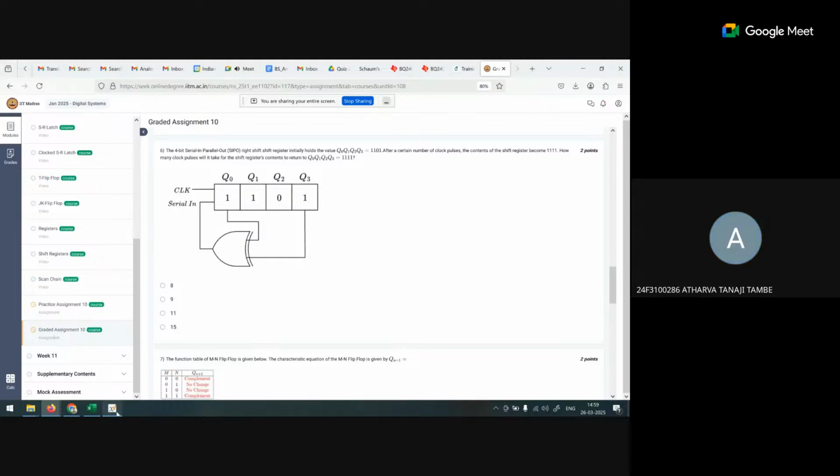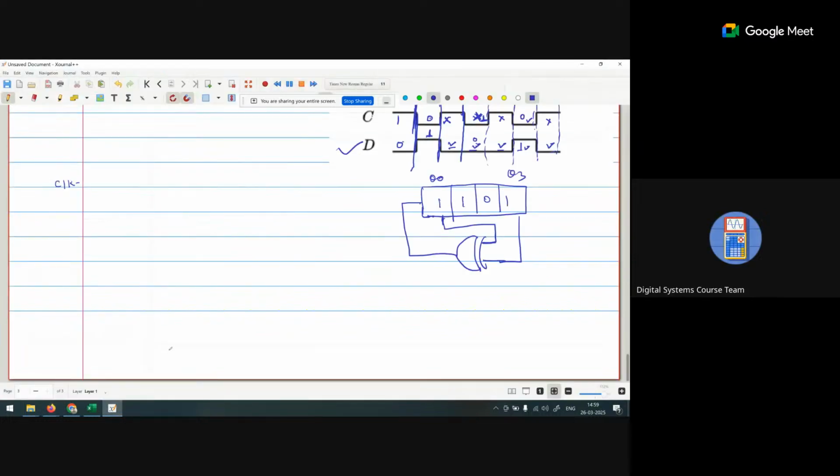For example, initially we are getting 1101, that is clock 0. Now if after 4 clock pulses we are getting a 1111, from there we start counting as clock 0. Actually this is clock 4, but we are starting from clock 0 here. After that, if you get 1111 at clock 10, you are not calculating the first, but from the first 1111 to the second 1111, how many clock pulses?